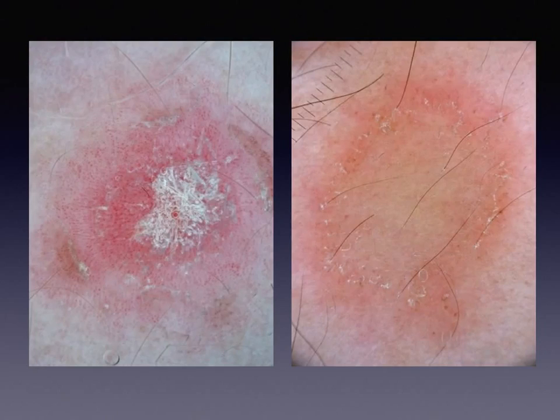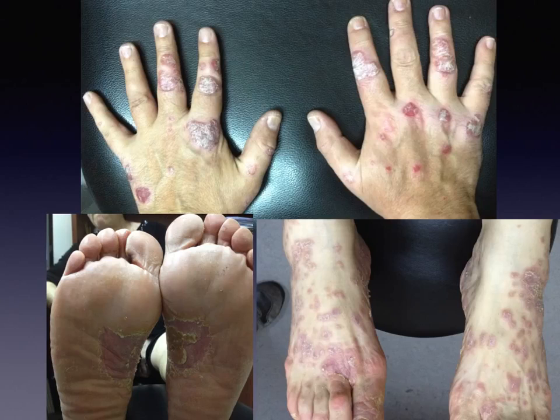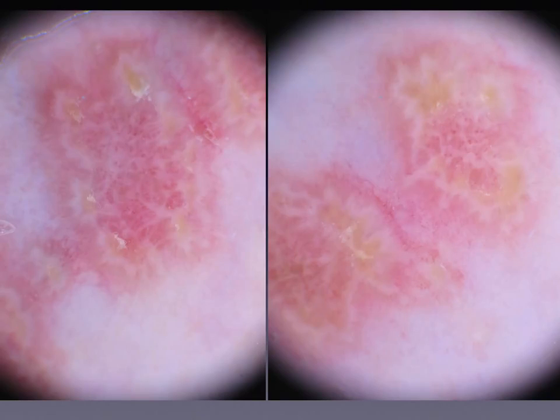In contrast, the lesion on the right displays a peripheral collarette of scales strongly suggestive of Pityriasis rosea. Finally, this hyperkeratotic palmoplantar eruption is clinically suggestive of psoriasis. However, application of dermoscopy reveals the characteristic Wickham striae, allowing the correct diagnosis of Lichen planus, which would be very difficult on clinical grounds only.